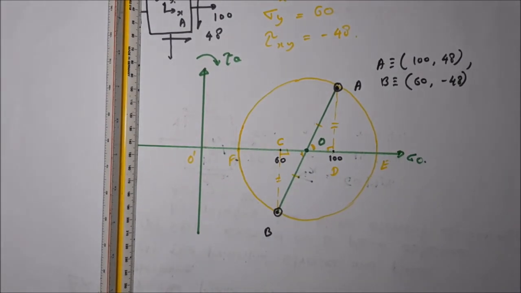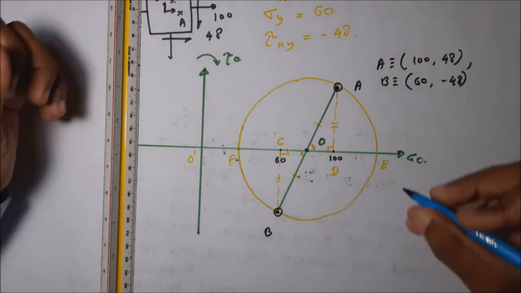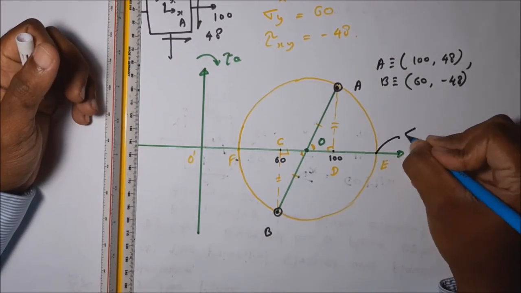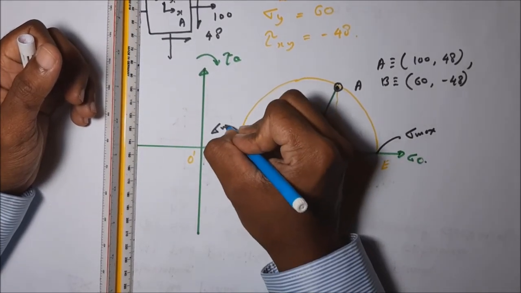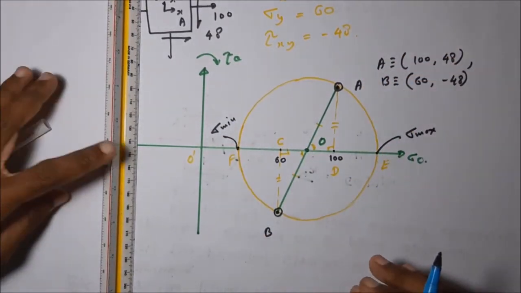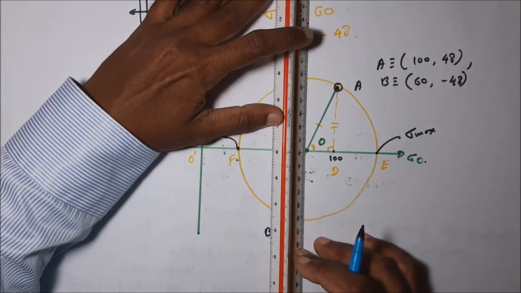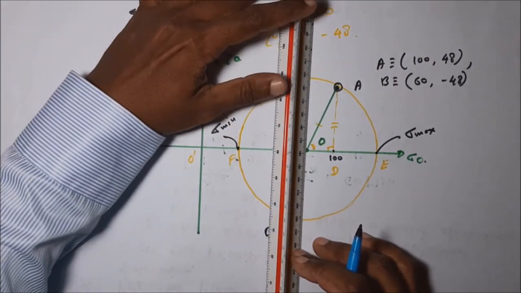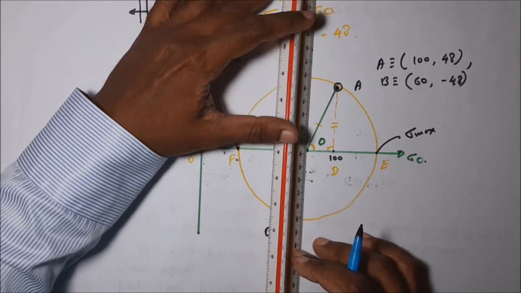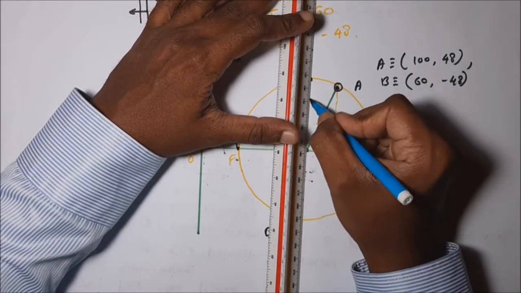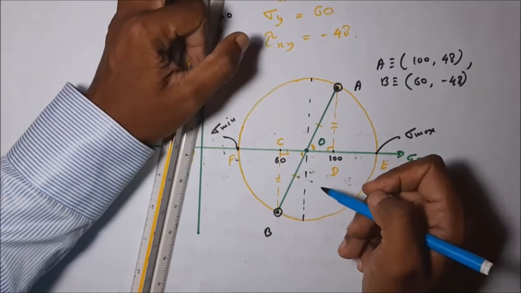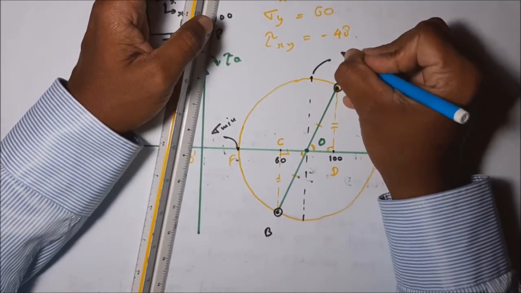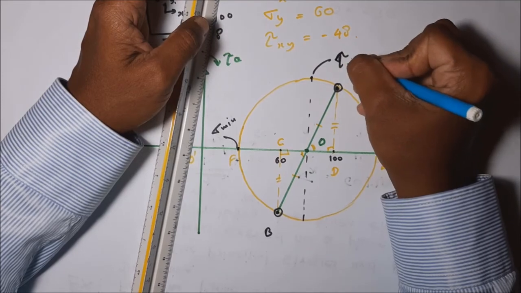Then what is the maximum principal stress? Where is the maximum principal stress point? This is the sigma maximum point. This is the sigma minimum point. Then where is the tau maximum point? This is the tau maximum.